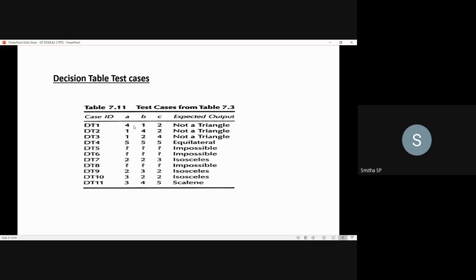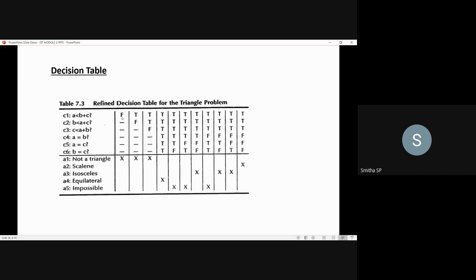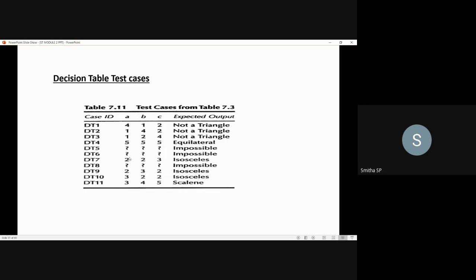So, A is less than B plus C. If this condition fails, in the sense it is not a triangle. So, here A is 4, B is 1, C is 2. So A is less than B plus C. 4 is less than 1 plus 2, that is 3. 4 is less than 3? No, right? So it is not a triangle.